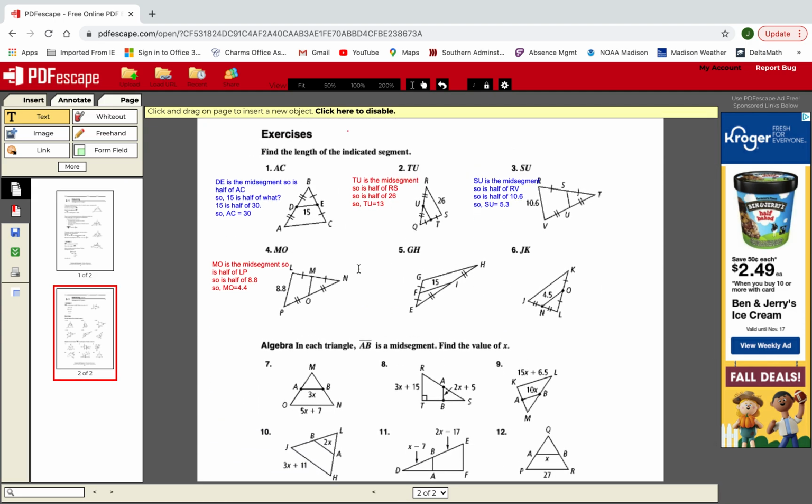All right, so 5 wants us to find the length of GH. Okay, so we'll say FI is the midsegment, so FI is half of GH. So 15 is half of GH, and 15 is half of what?